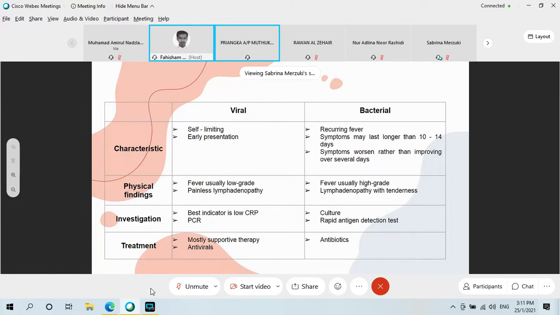What about if I tell you, if you do a blood film, blood smear, what do you want to see? Parasites? Not really. Anybody else? Shakila?